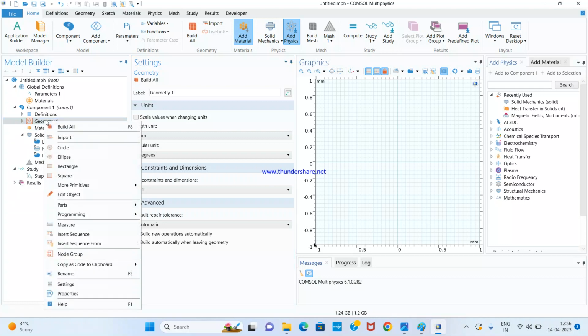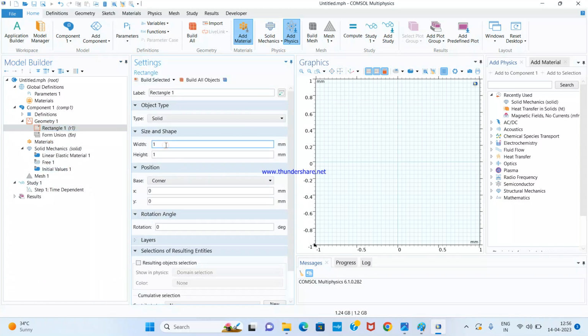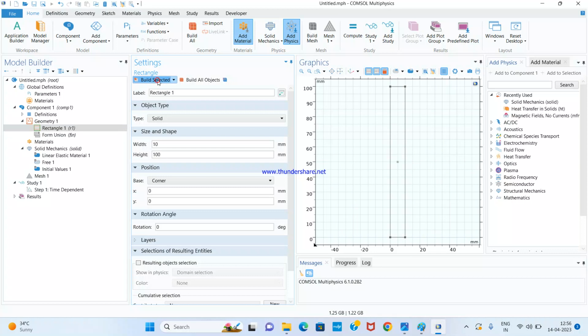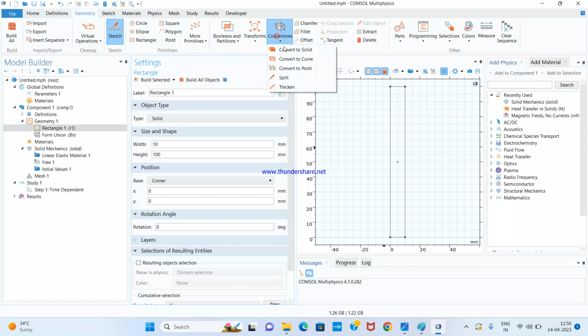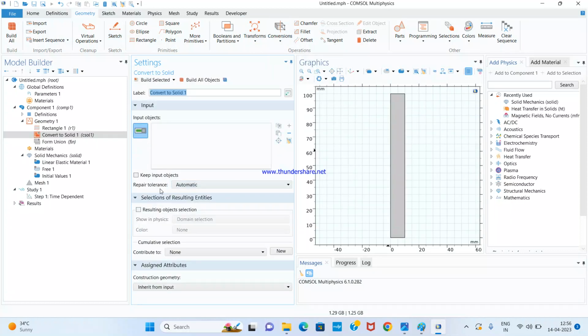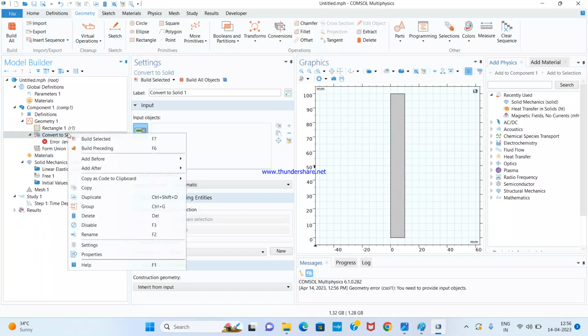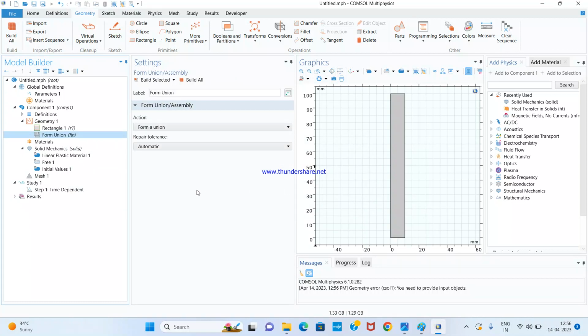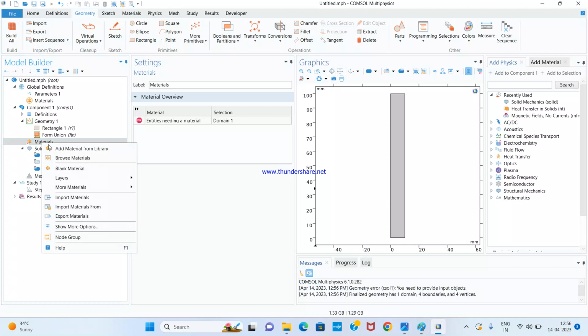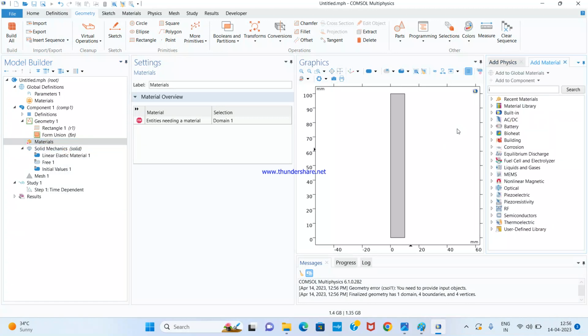Here I will simply take one small rectangle, it may be 10 by 100, then build selected. We will go to geometry, convert it into solid, and then go to material. We will add material from the library, say it is iron.